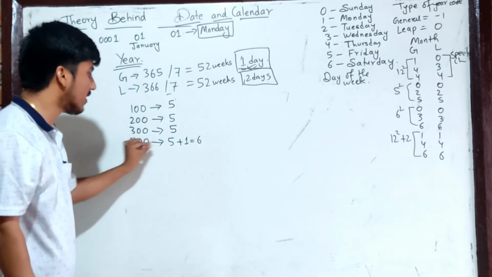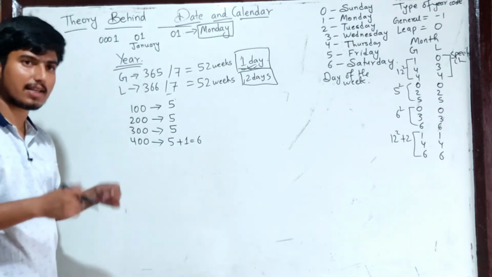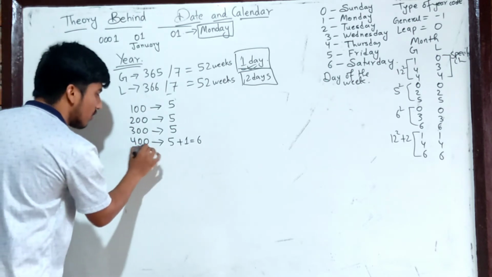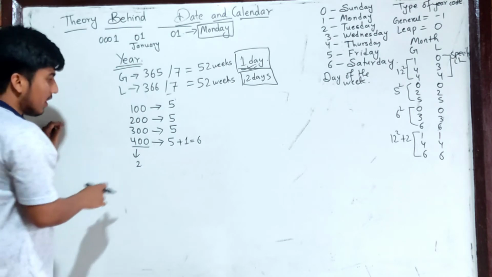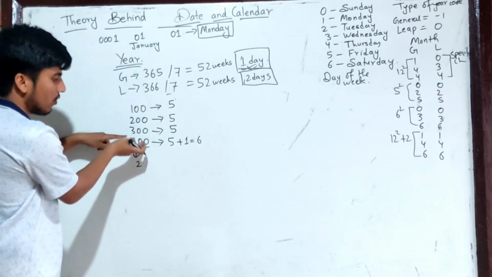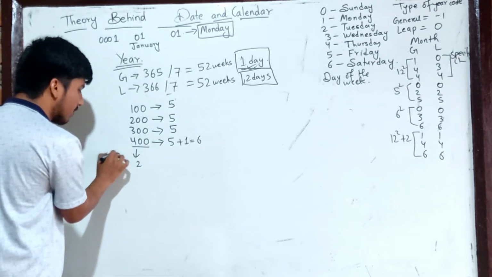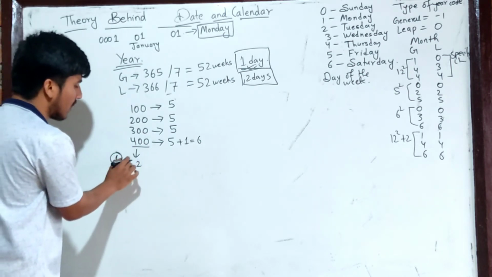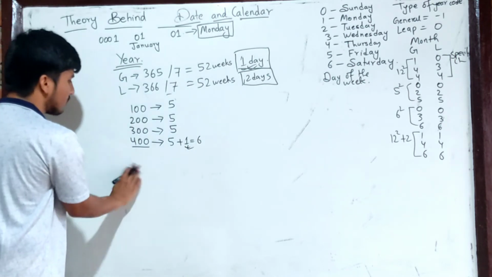So we must add 1 to that number, right? Or we can say that if 400 is a leap year, then 400 must have 2 odd days, right? In counting from 300 to 400, in 100 years we took 400 as a general year. That means for 400 we added 1 only. Now the remaining number of odd days is 2 minus 1, 1. So we must add 1 to make the calculations right.